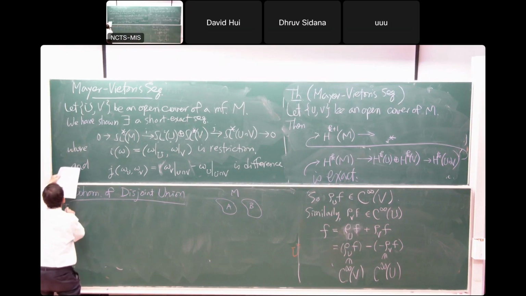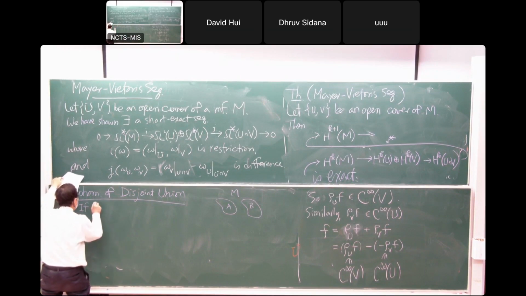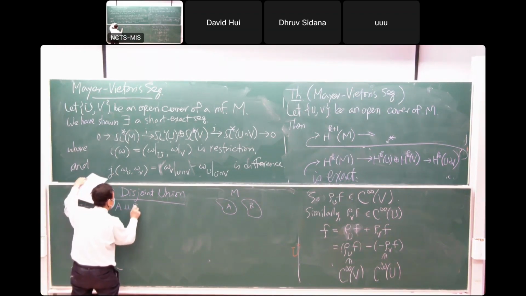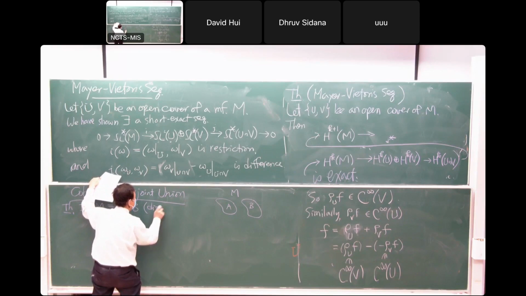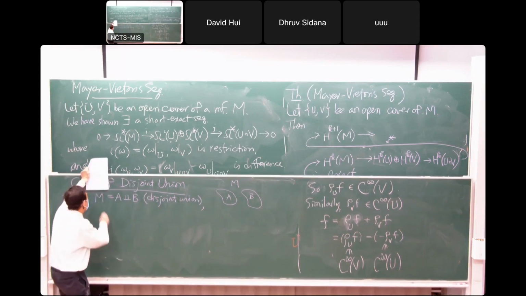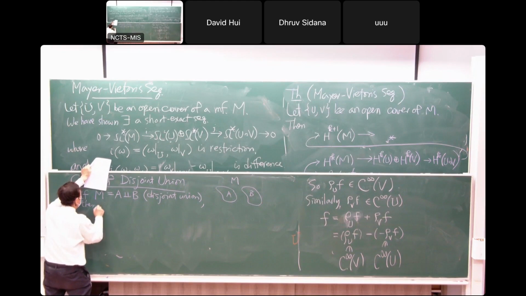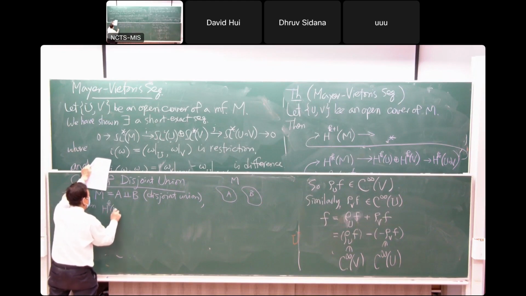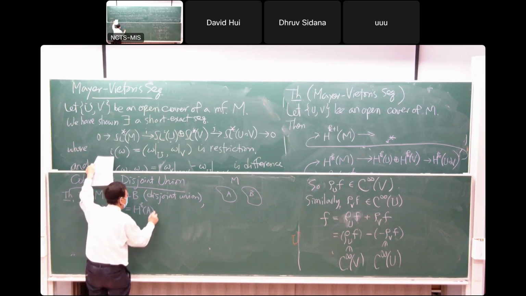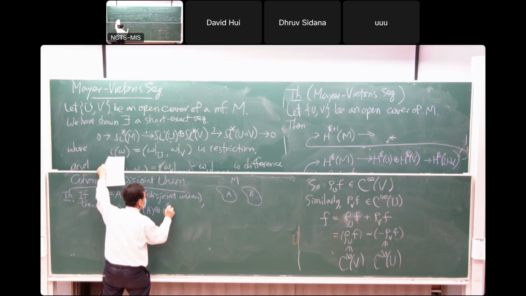And so the theorem is that if M is the disjoint union of A and B, then the cohomology of M is the cohomology of A direct sum with the cohomology of B. Okay?